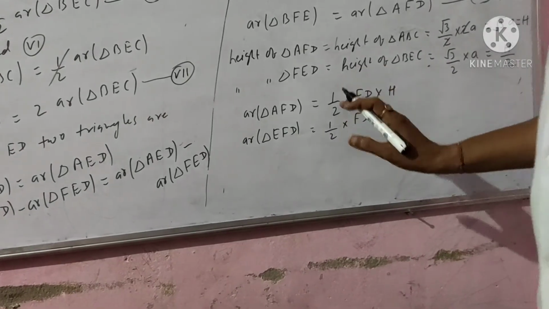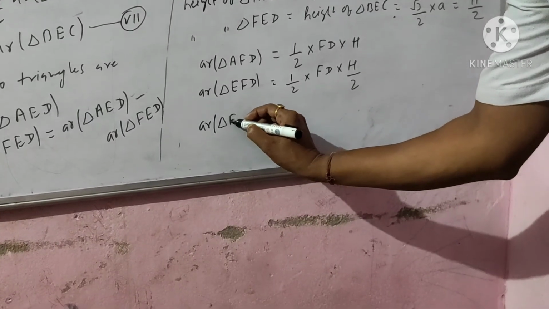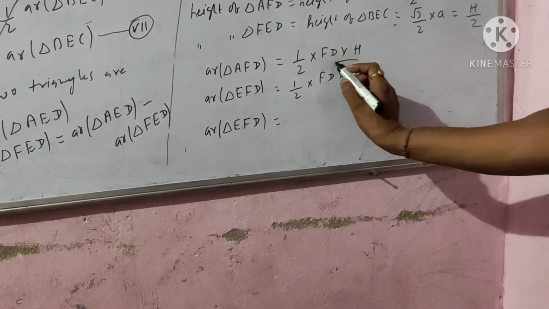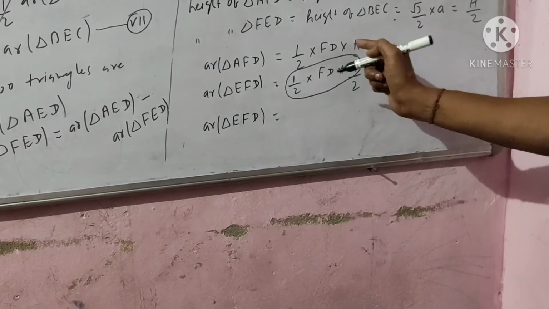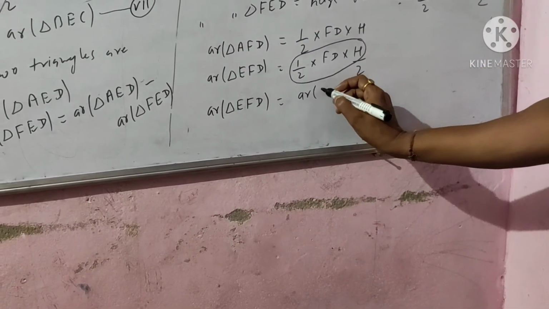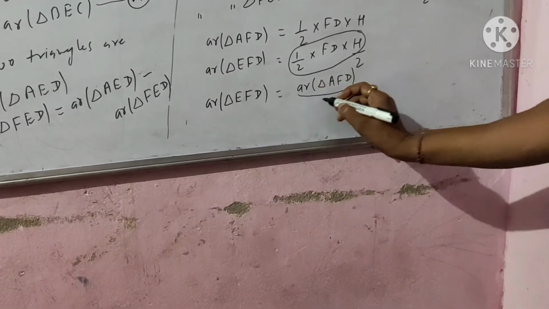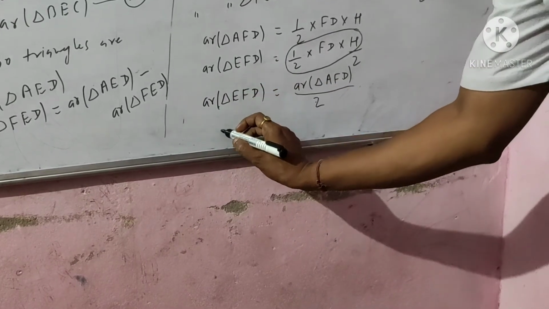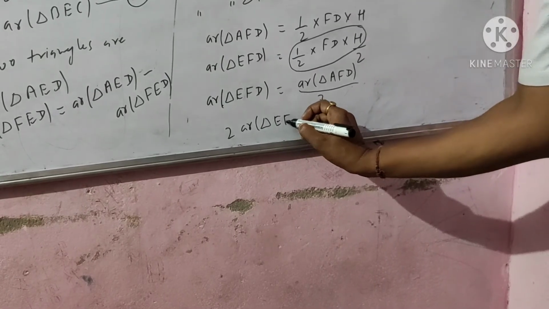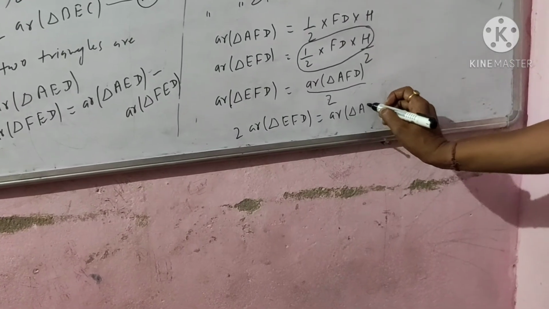So under this equation we can write area of triangle EFD is equal to area of triangle AFD divided by 2. So 2 times area of triangle EFD is equal to area of triangle AFD.